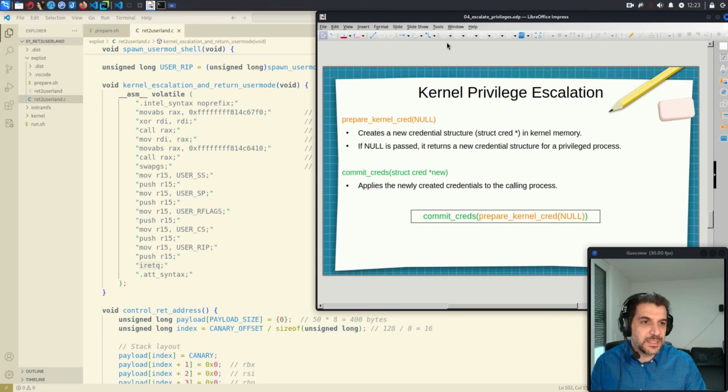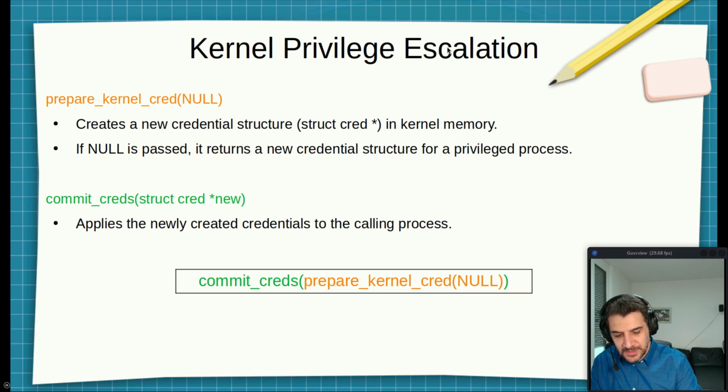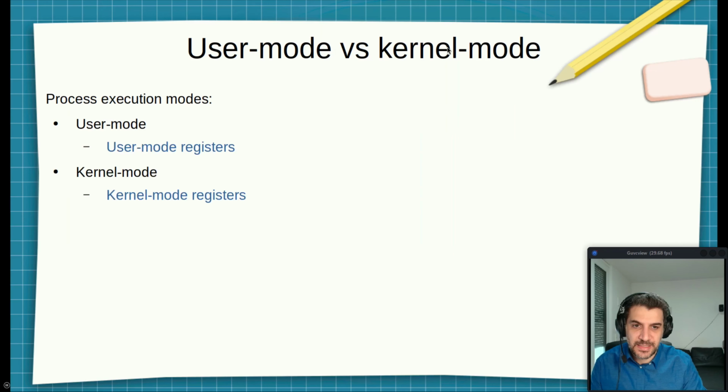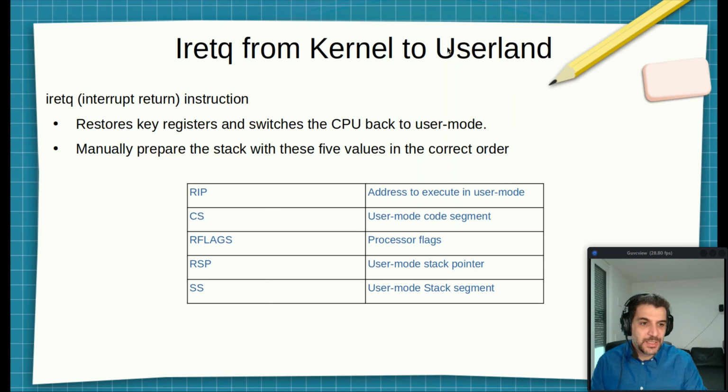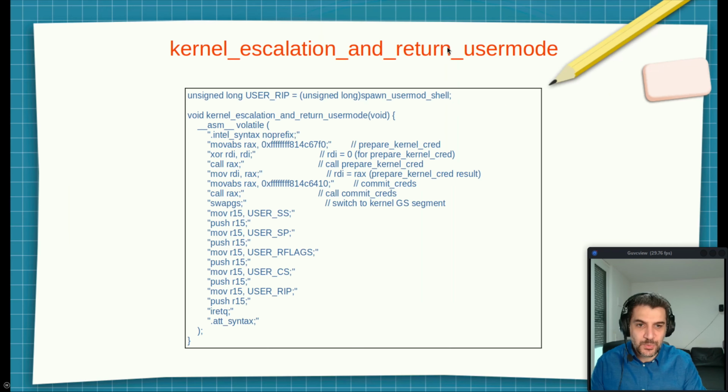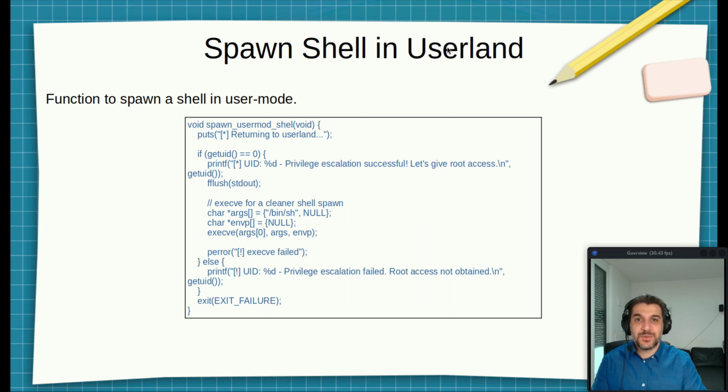That should take us to the user land. Okay, we saw that we are now in the user land. The instruction pointer points to a function in user land, and this function spawns a user mode shell.